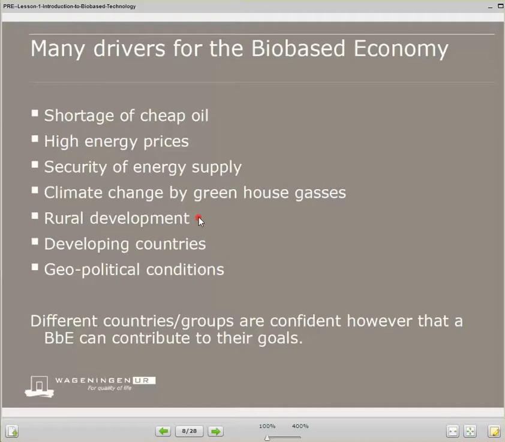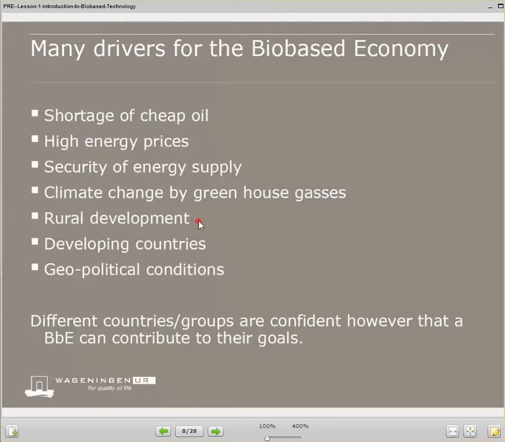You need diesel, and almost all freight transport takes place using diesel. While you can use natural gas for cars, the market for that is very small. So if you can think of a bio-based way of making diesel, it's just called biodiesel, then that would be a bio-based economy solution. Okay, so back to here.